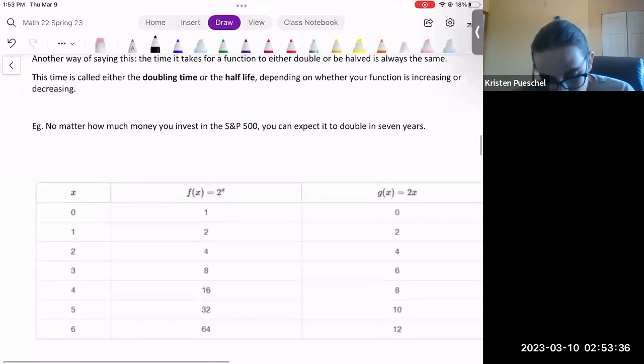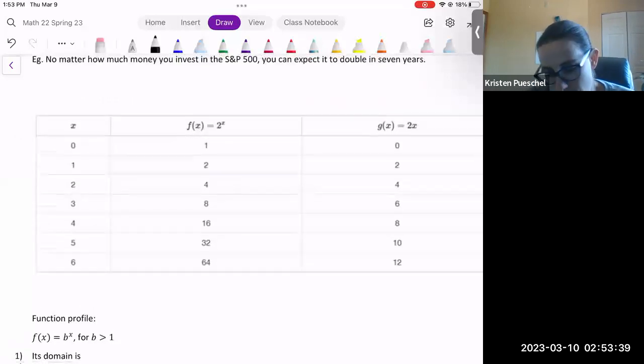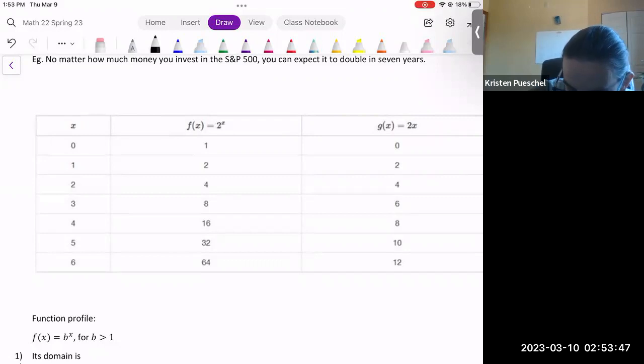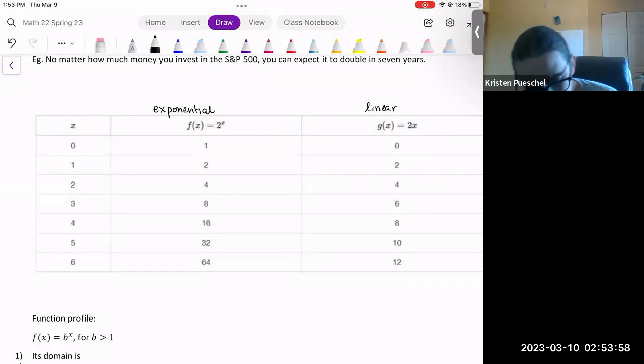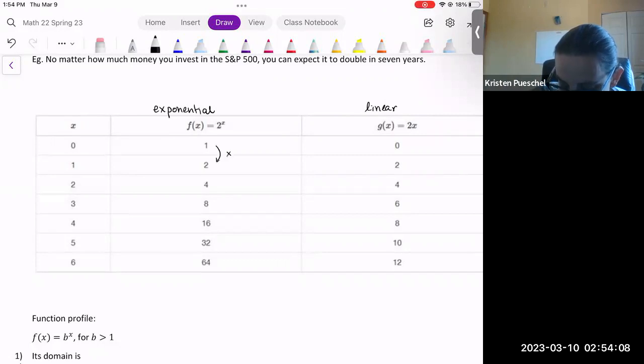Let's take a look at, to compare and contrast, the function 2 to the x, which is exponential with base 2, with the linear function g of x equals 2 times x. We see in the exponential function, as x grows by 1 each time, we are doubling our output.